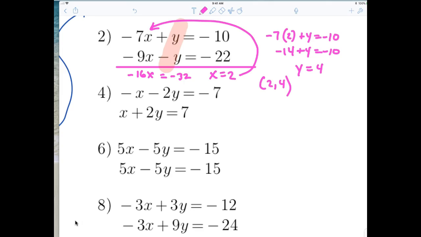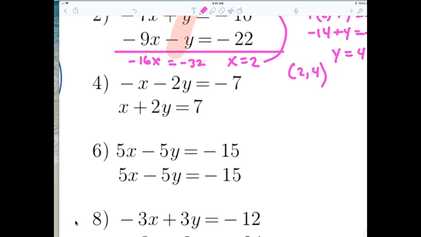Now let's take a look at how you did on number 4. Now we had an issue with number 4, which is really a good problem for us because this canceled out, and this canceled out. And so it ends up with 0 equals 0, which is a true solution, which means it's the same line, which means it's an infinite number of solutions.